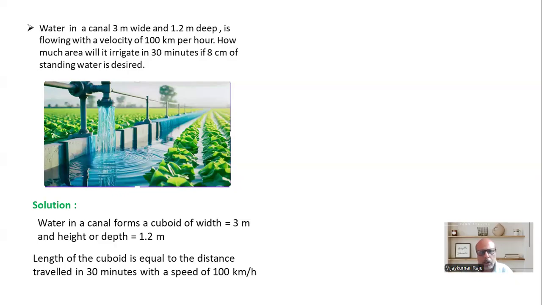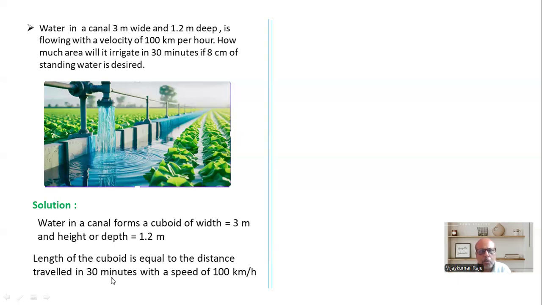That means in 1 hour the water accumulated over a length of 100 kilometers flows through the canal. But we want it only for 30 minutes. So in 1 hour, 100 kilometers; in 30 minutes, half an hour, that is 50 kilometers.